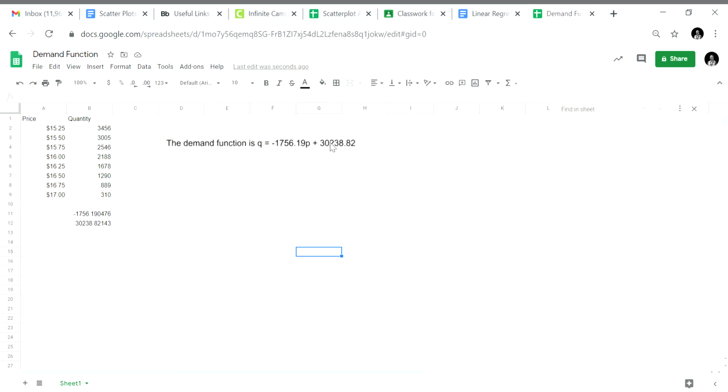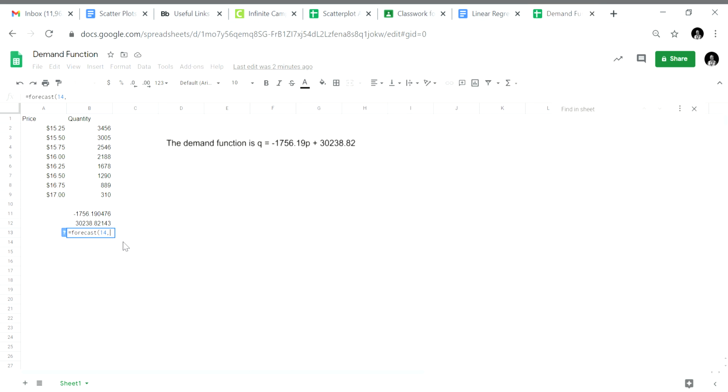Now, another thing we can do is we want to know, for example, what would the demand be if the price was another number. Now, you can always plug it into our equation, but Google Sheets has another function called forecast, and you can see forecast here comes up, the expected Y value based of linear regression. So forecast, and then let's pick a price that we're curious about. Let's say, what would the demand be if we lowered the price to $14?